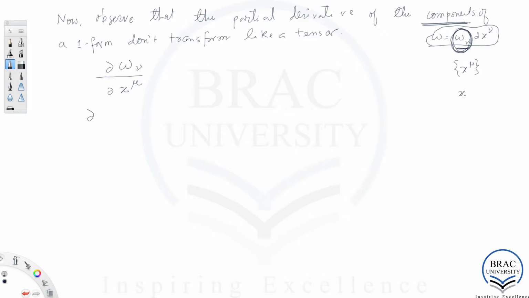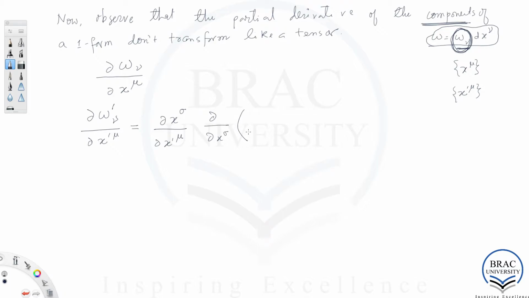In the x prime mu chart, we write the partial derivatives as del omega prime mu by del x prime mu. In the prime coordinate system, it can be written as del x sigma by del x prime mu, del by del x sigma, by the application of the chain rule.